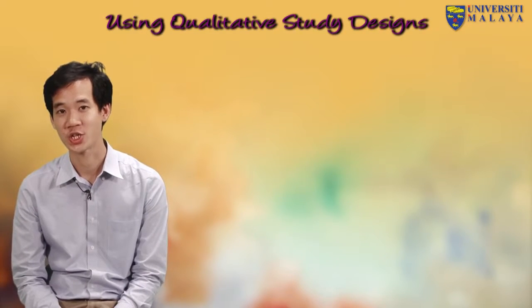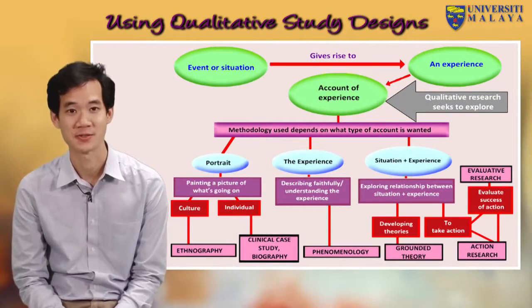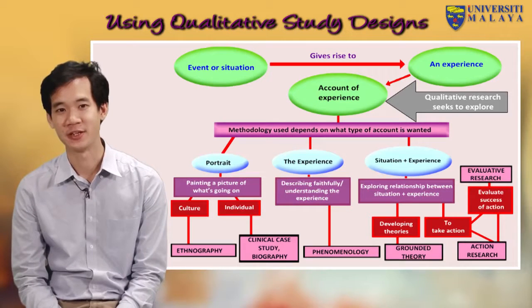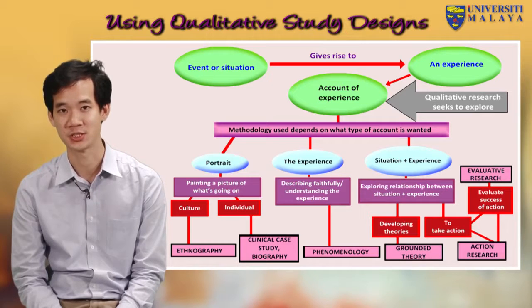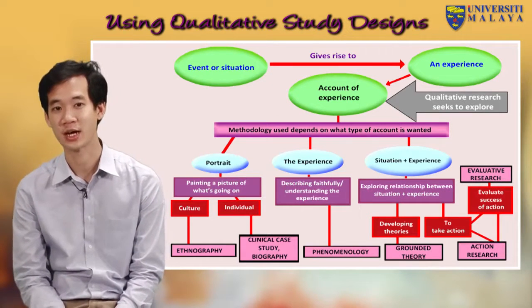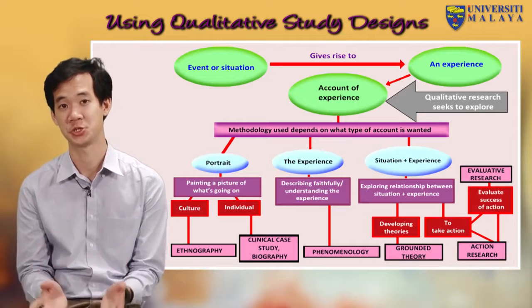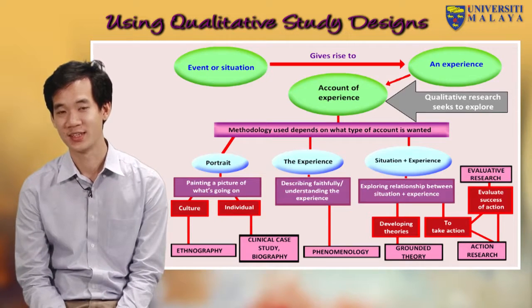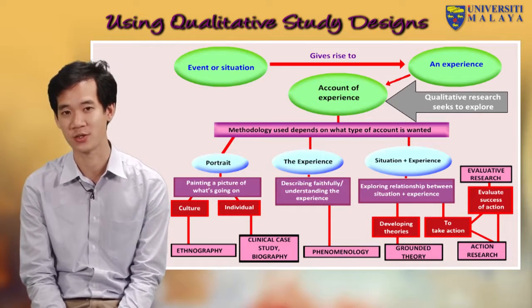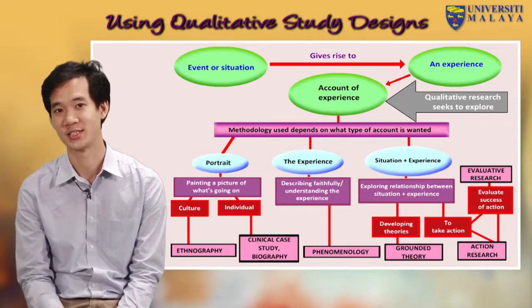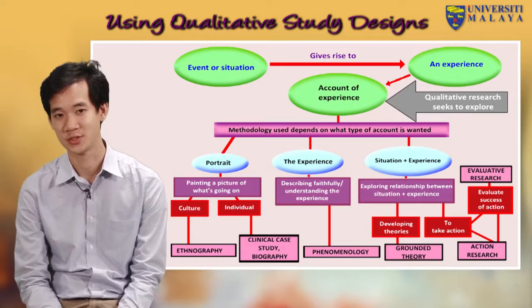So how do you choose an appropriate research design? The following diagram helps us to see when each type of design is appropriate. Now, if an event or a situation gives rise to an experience, this would give rise to an account or a description of the experience. This account is what qualitative research seeks to explore and is reported as the results of your research.